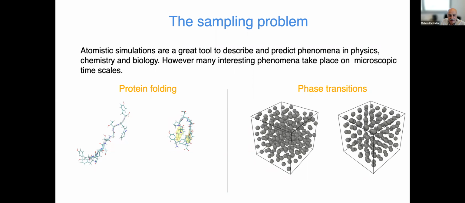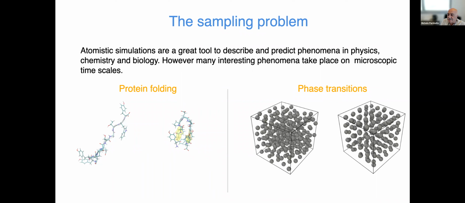And to get the data, you cannot rely on standard molecular dynamics, because you can follow the evolution of the system for so much, say 1 millisecond if you're a rich person. But many chemical and other physical problems take place on a time scale much longer.